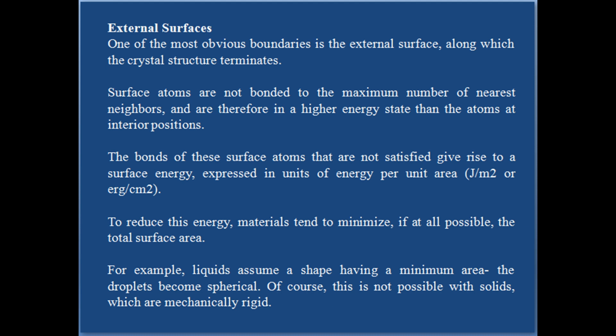The bonds of these surface atoms that are not satisfied give rise to a surface energy expressed in units of energy per unit area. To reduce this energy, materials tend to minimize the total surface area. For example, liquids assume a shape having a minimum area, the droplet becomes spherical. Of course, this is not possible with solids, which are mechanically rigid.